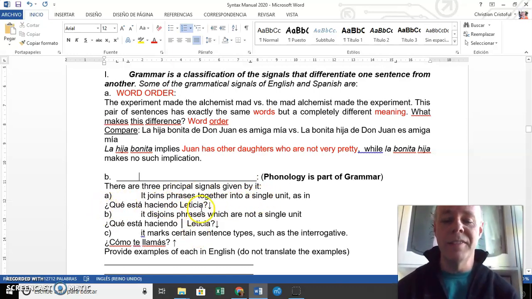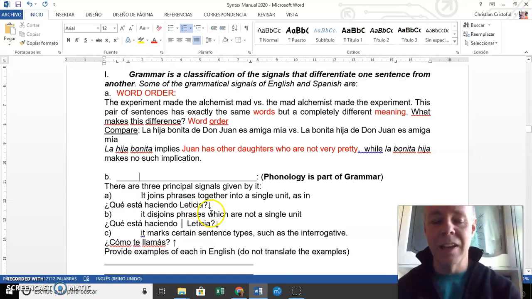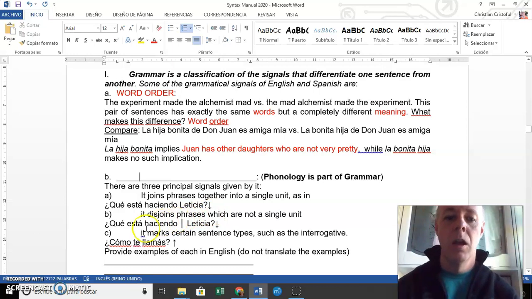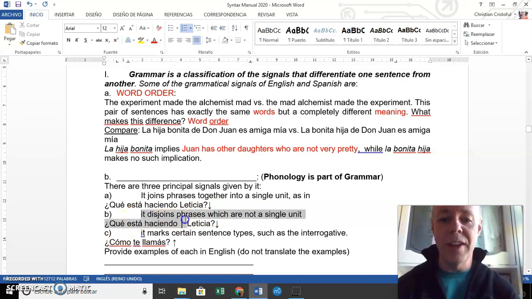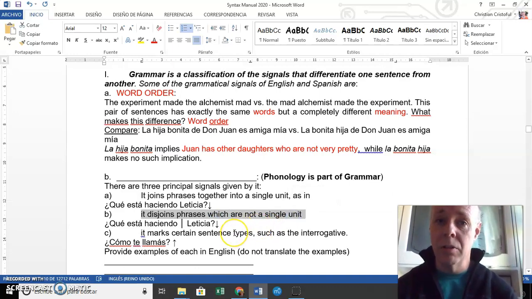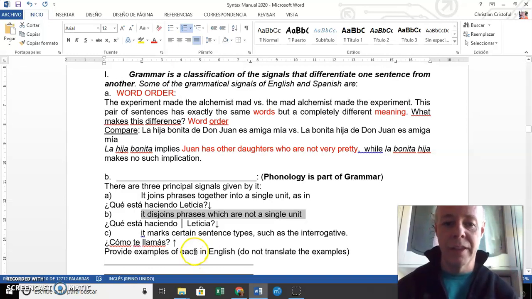That is one single unit, one string of sounds. Also, it disjoins phrases which are not a single unit. ¿Qué está haciendo Leticia? Notice how I separate them. Two groups of sound. And the last one, it marks certain sentence types such as interrogative.